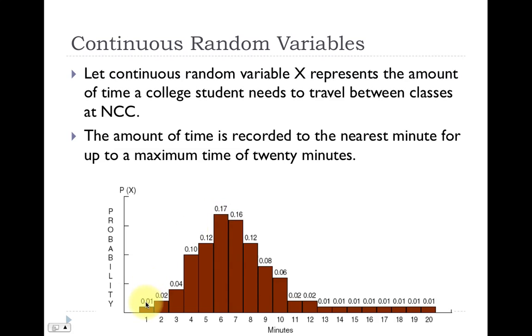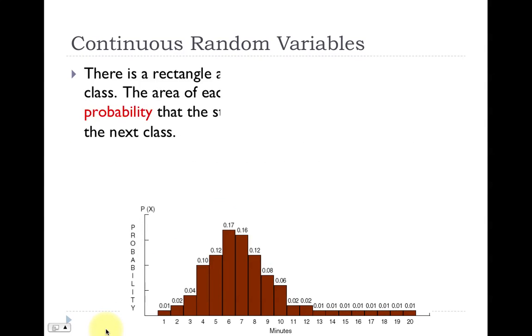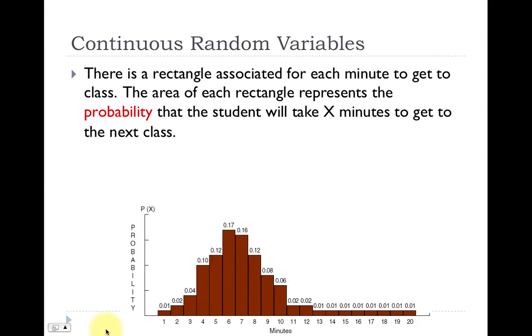Okay, so if we were to add up all these probabilities, because this is a probability histogram which is based off of a probability distribution, we should get approximately 100%. There's a rectangle associated with each minute to get to class.